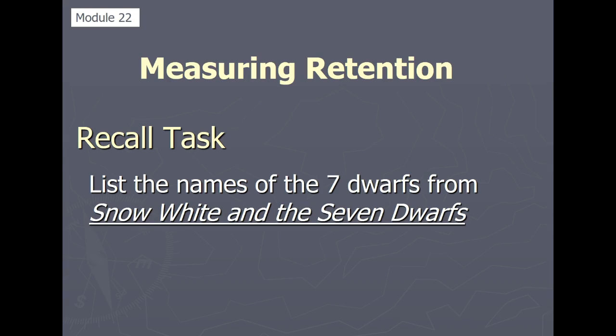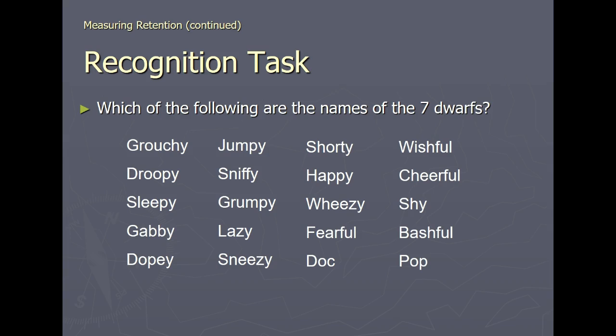Recognition tasks tend to be easier because you're provided information, and then you just have to look at that information or check that information and see if it's something that you have stored in memory. That would be equivalent to a multiple choice test, which students generally like.